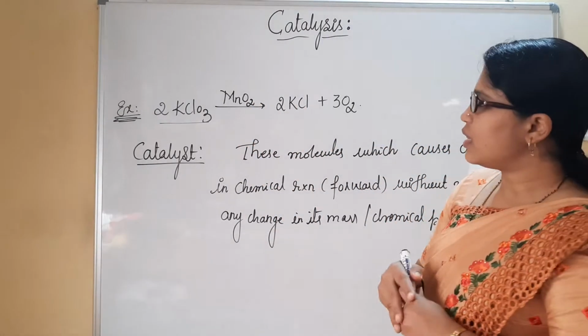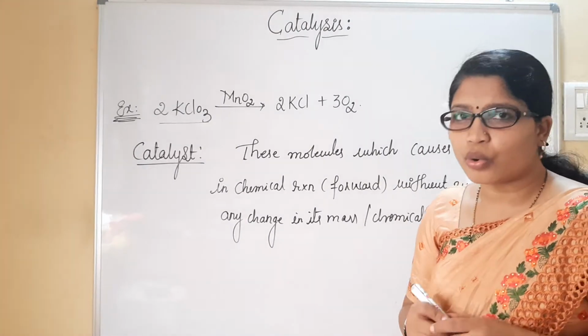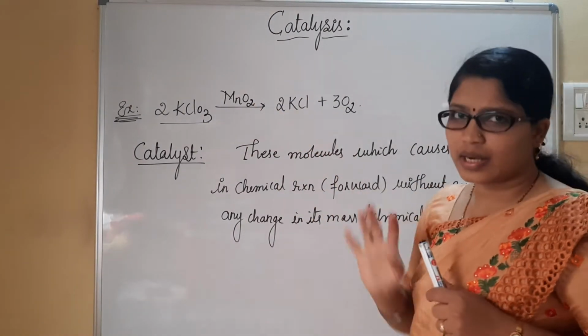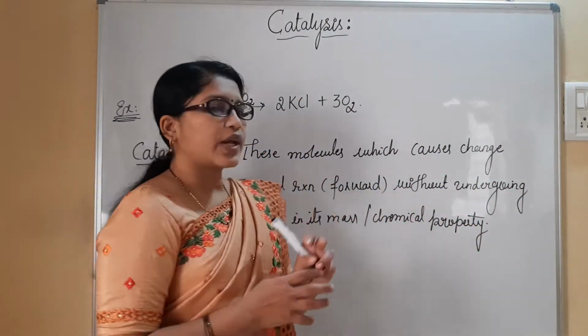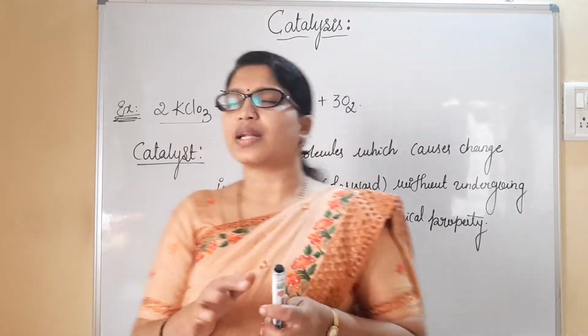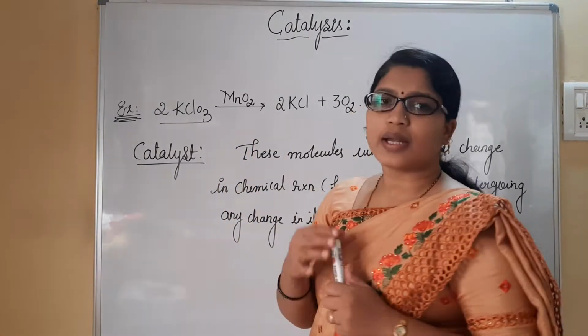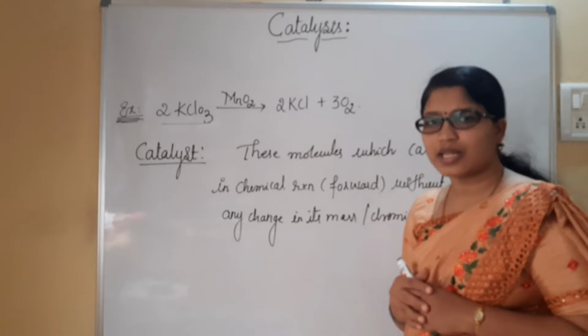The catalyst used in this reaction is manganese dioxide, MnO2. So it is referred to as a catalyst-used reaction. This is the reaction. You can expect the question on catalyst with example, and then you are supposed to write it this way.